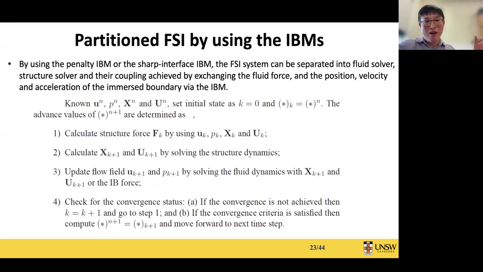When I say independently, that means when we solve the fluid mesh, we ignore the structure mesh, but we consider the interactions through the force, the velocity, and the position. To make it easier to understand, if we want to strengthen this or implement strong coupling, we just do the iteration. We use iteration to achieve that.